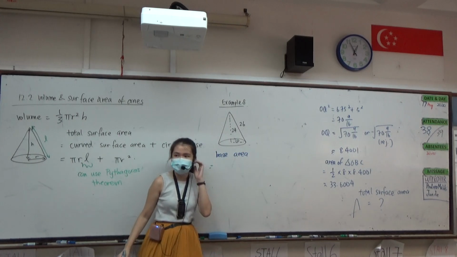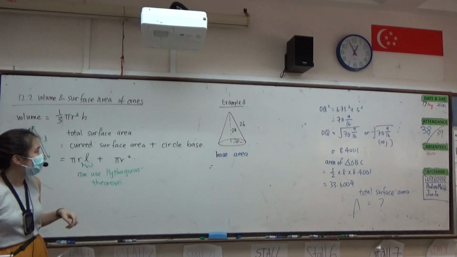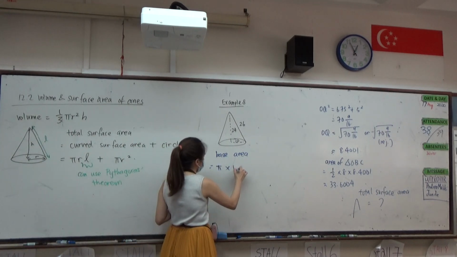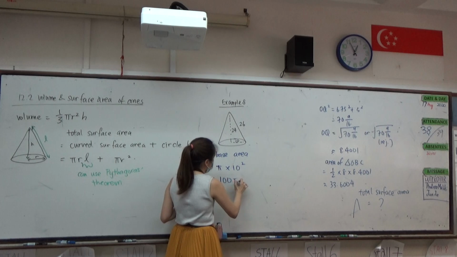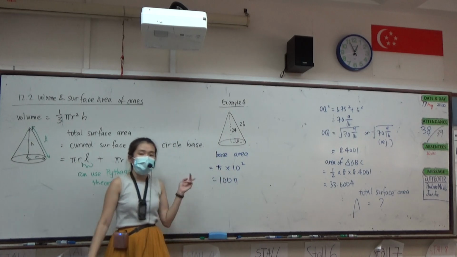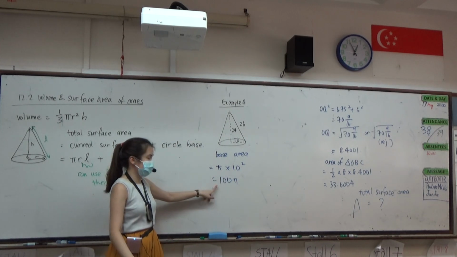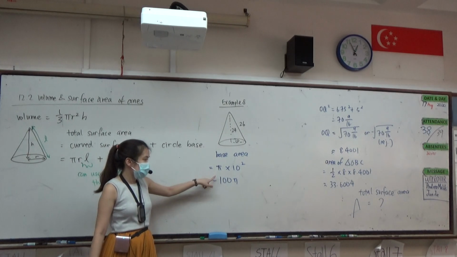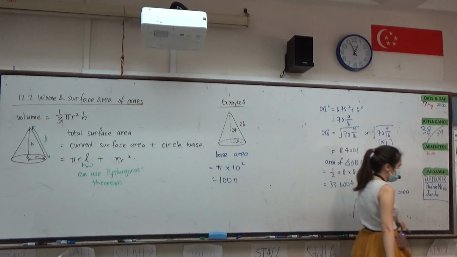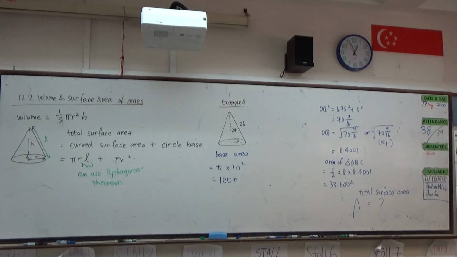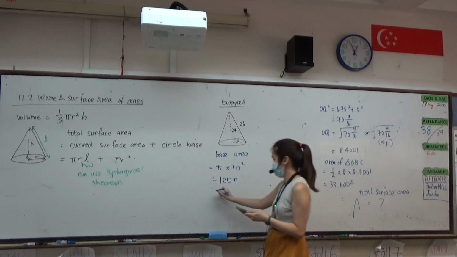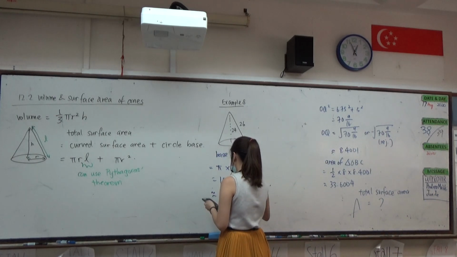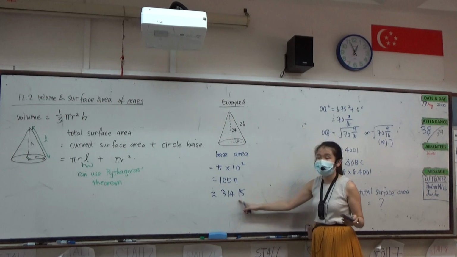is equals to pi times 10 squared. That's 100 pi. Okay, you can press into your calculator for the truncated 5 SF value, which will be about 314.15. So you can use this value.